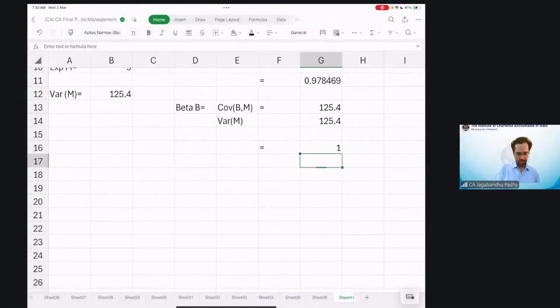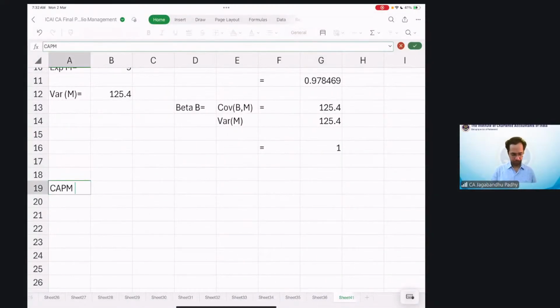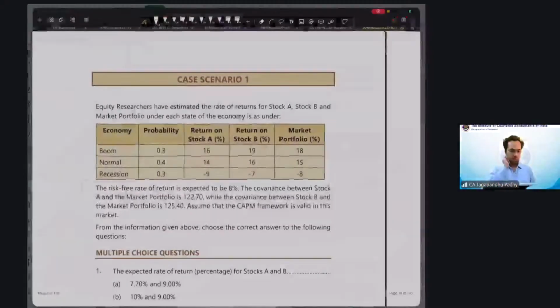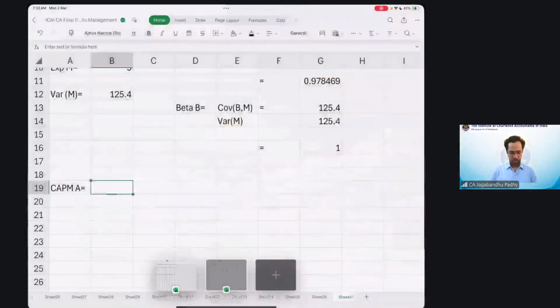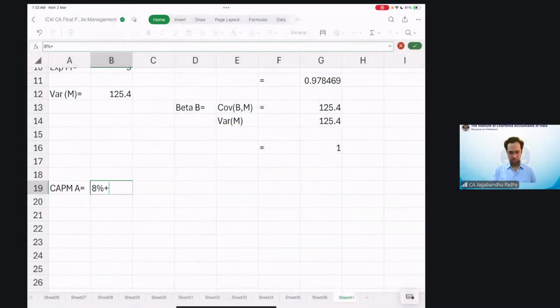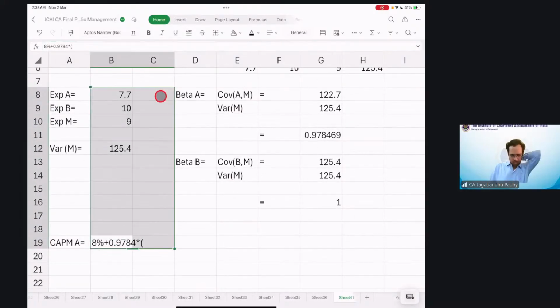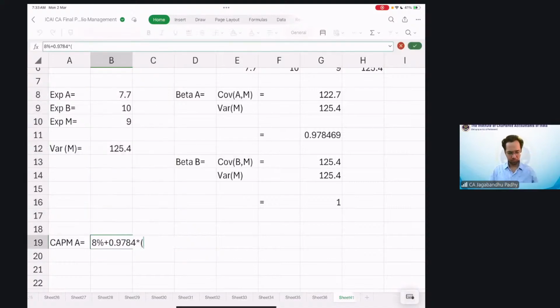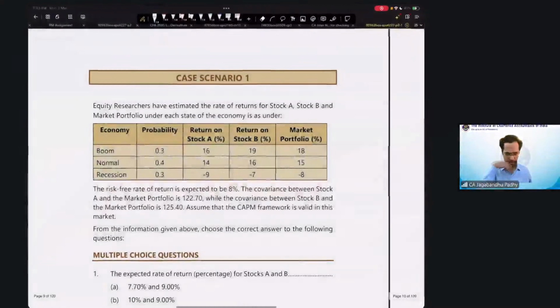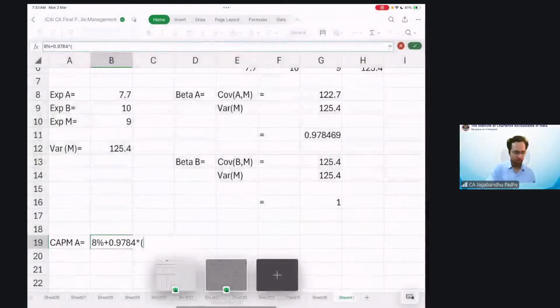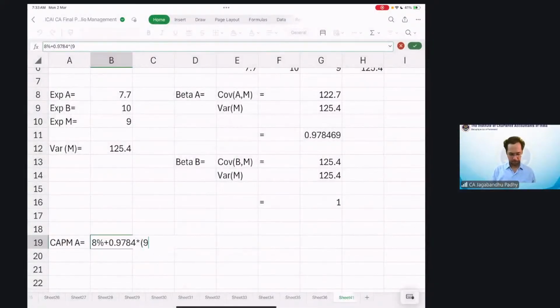So CAPM return of A will be risk-free rate of 8% plus beta of 0.9784 multiplied by RM. What's the market return? Expected market return was 9%, minus 8%.